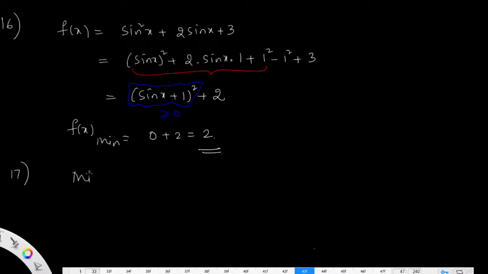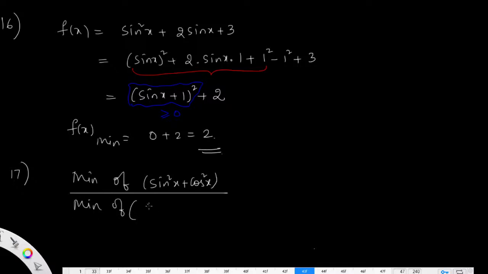Okay, this is question number 17. What is the minimum value of sin square x plus cos square x divided by the minimum value of sin square 3x by 2 plus cos square 3x by 2? Options 1, 2, 3, 4 are given.